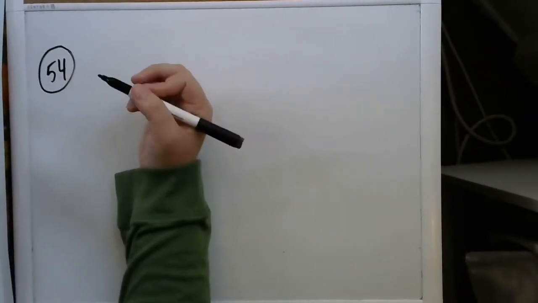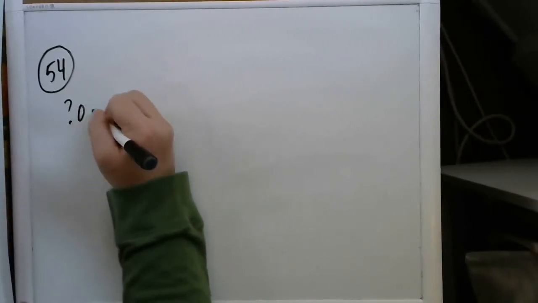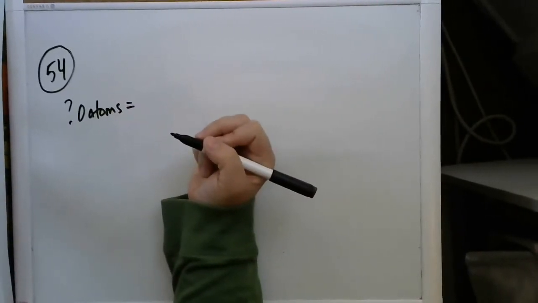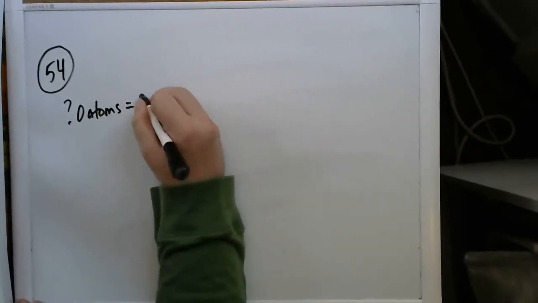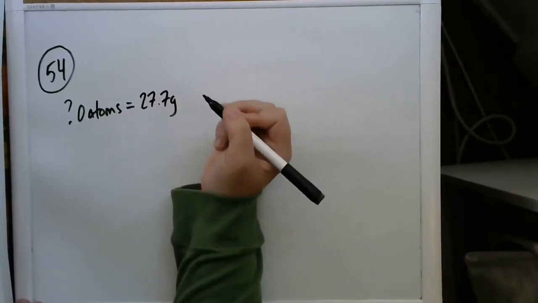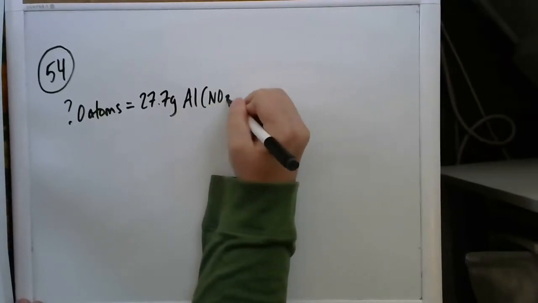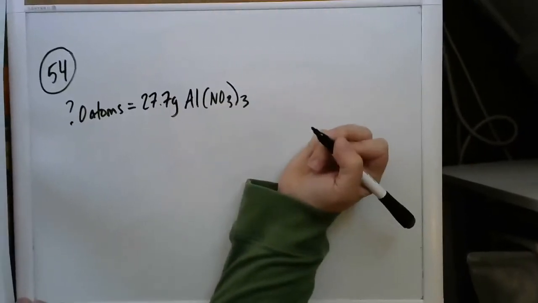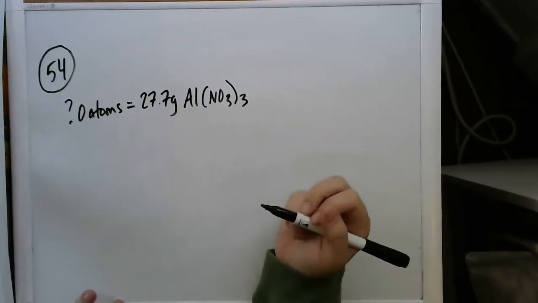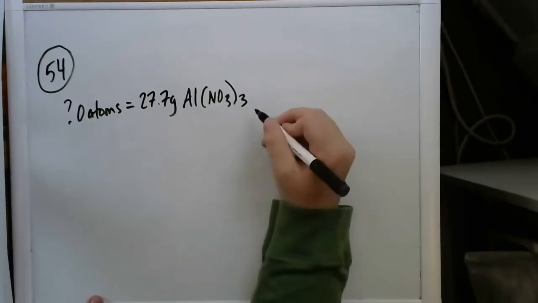So for number 54, the number of atoms of oxygen. So how many oxygen atoms equals 27.7 grams of aluminum nitrate, Al(NO3)3. Okay. So first, we got to make a roadmap for ourselves, right?